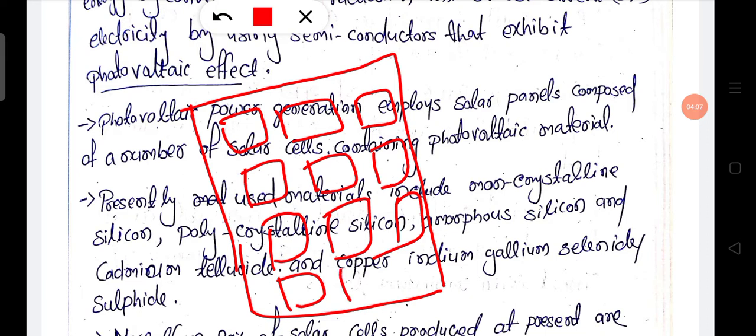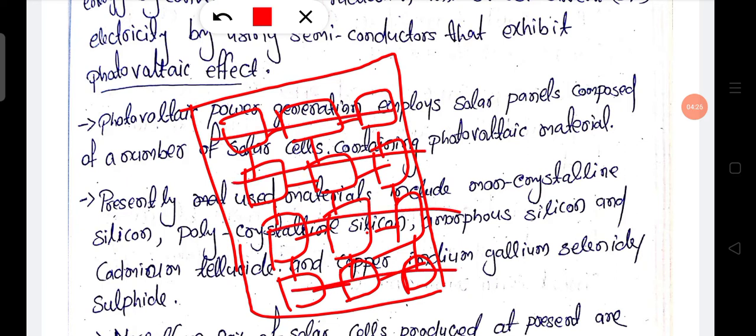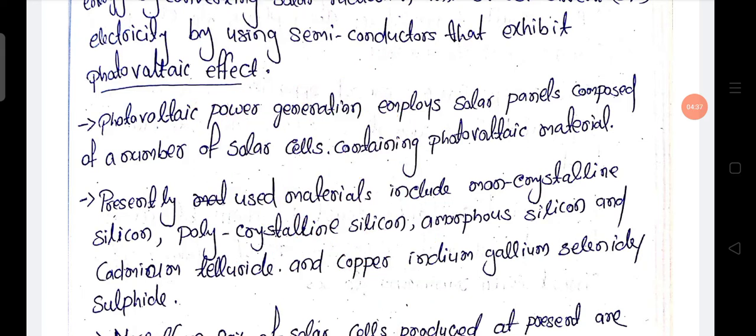Those cells are connected to each other in series or parallel manner, depending on the voltage and current we need. If we want high current, they are connected in parallel. If we want high voltage, they are connected in series. So those cells contain photovoltaic material, or the semiconductor which exhibits photovoltaic effects.